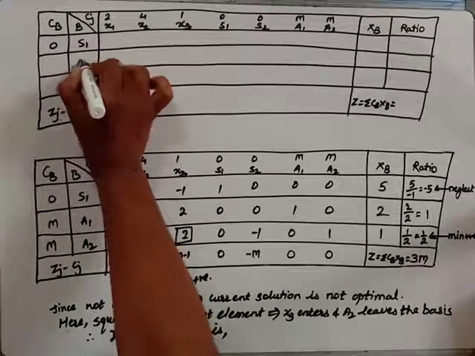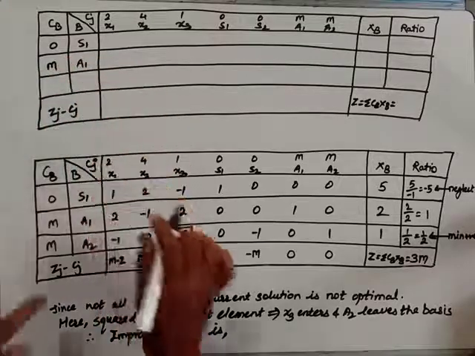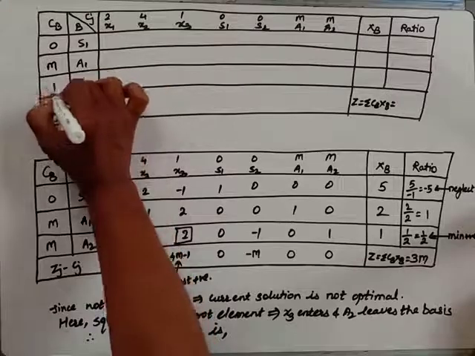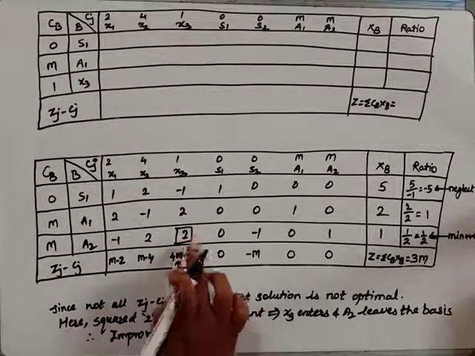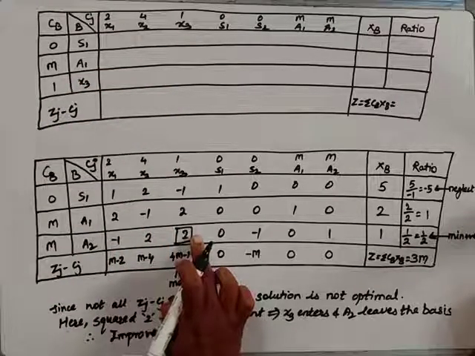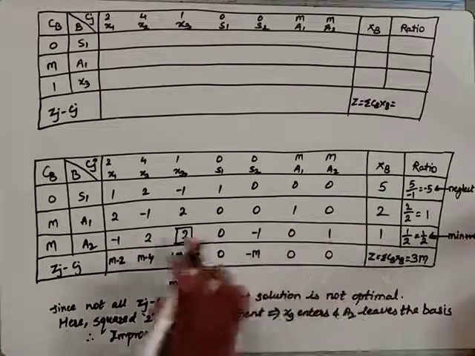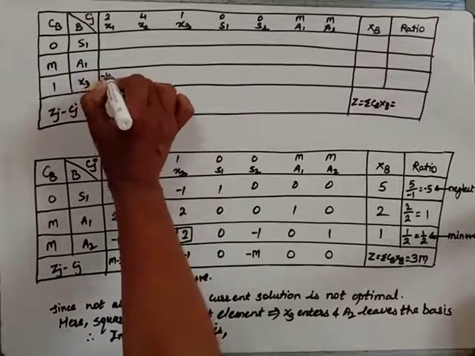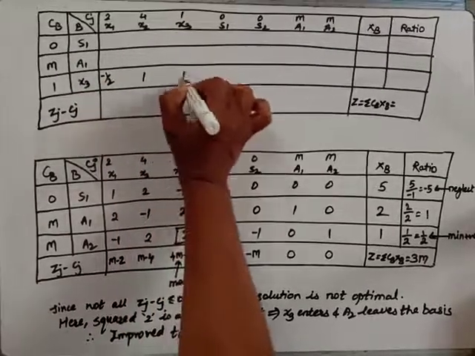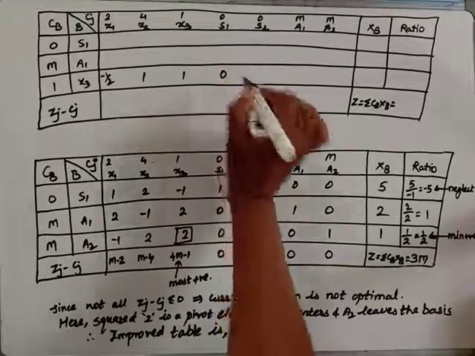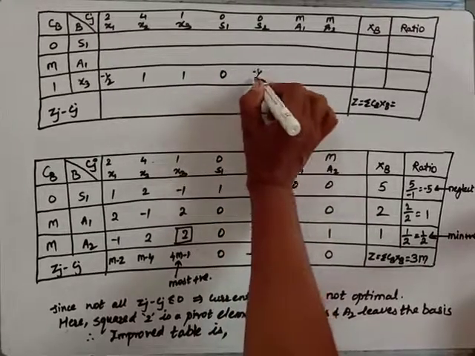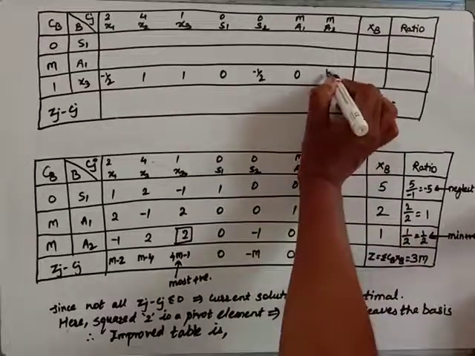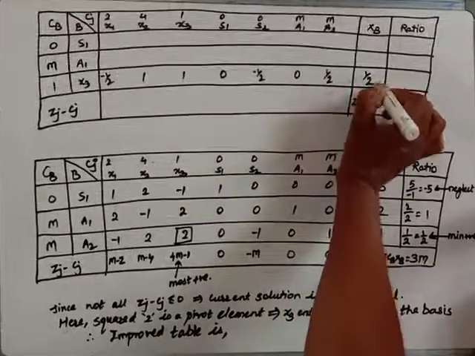Now this A1 as it is, having the coefficient M, but this A2 is replaced by x3 having a coefficient 1 in the objective function. Now this pivot element we have to make 1. So for that, divide this row by 2. So here we get minus half. This is 1, 1, 0. This will become minus 1 by 2. This is 0. This is 1 by 2 and again 1 by 2.